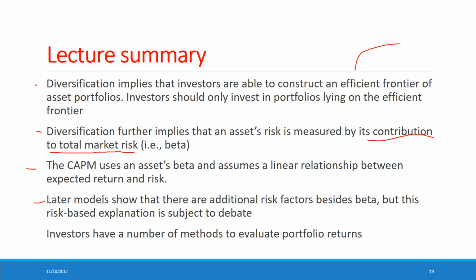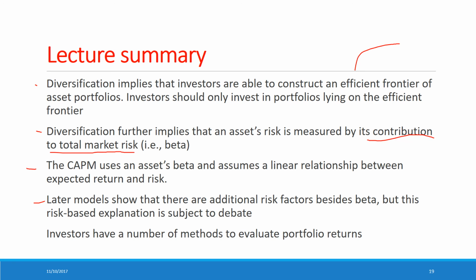Although the theory is very nice, in practice we find that it's very hard to implement the capital asset pricing model accurately. So it's very easy to implement, but it's hard to implement it correctly like the theory states.